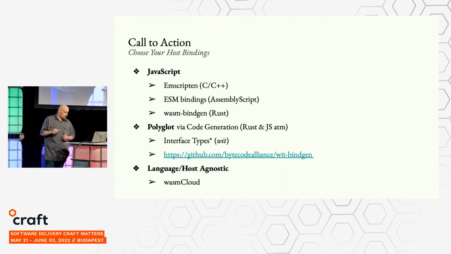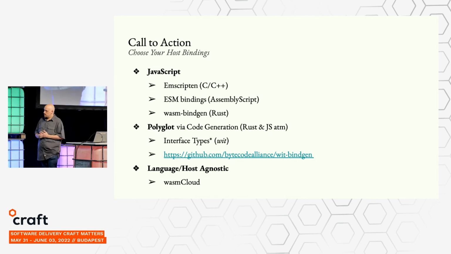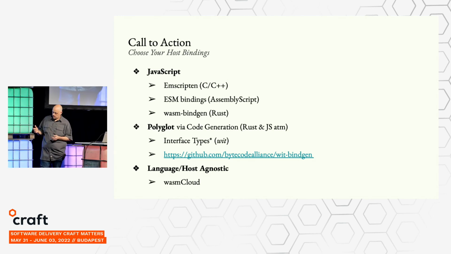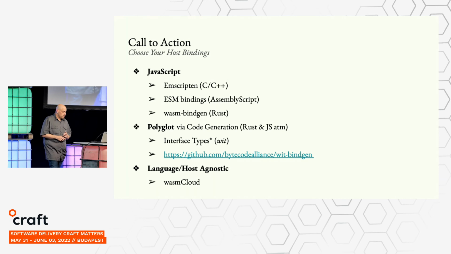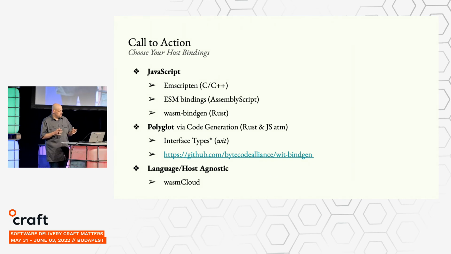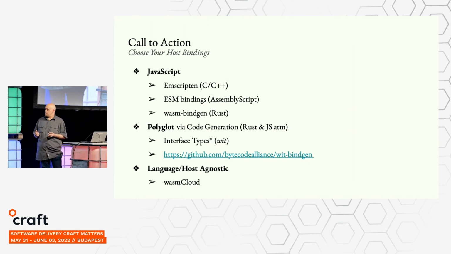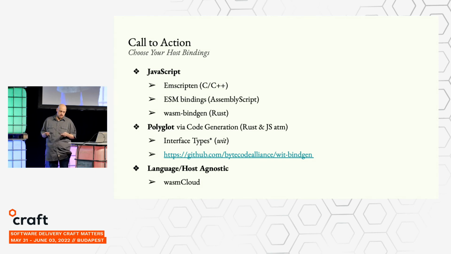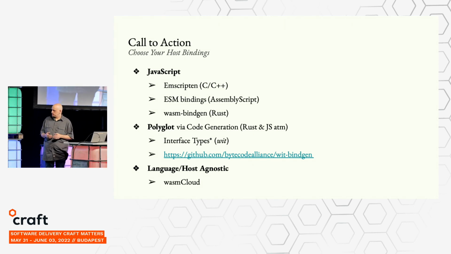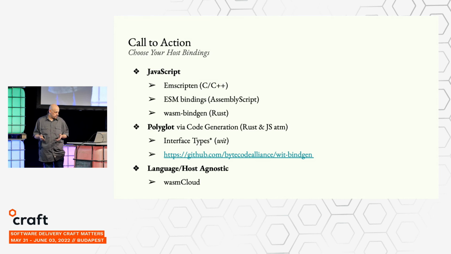If you want to do polyglot support code generation, there's this thing called interface types. And there's a DSL for describing the interface between any two modules, and that's called WIT.